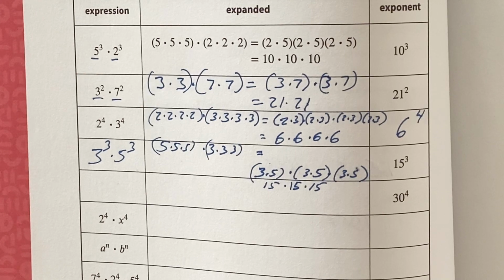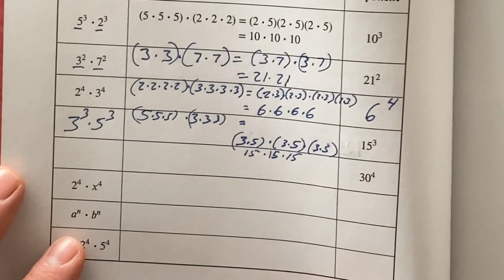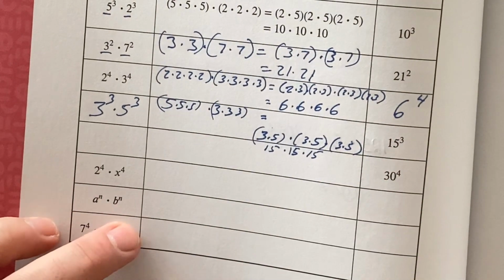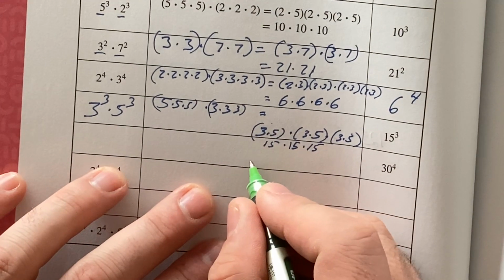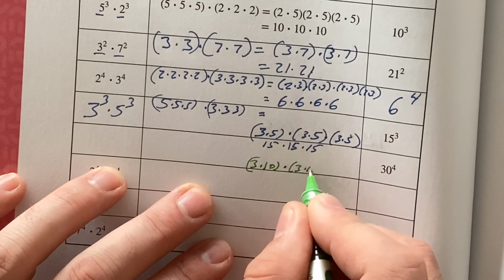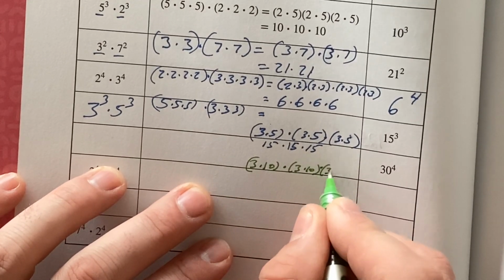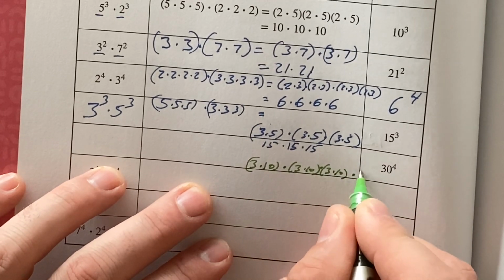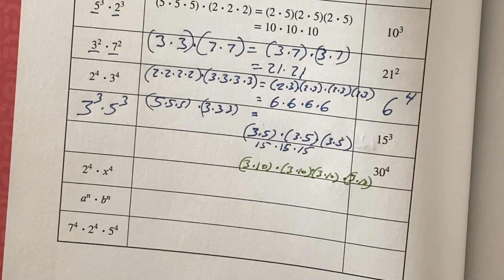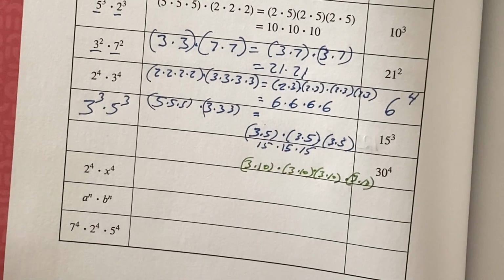All right, so what numbers did you use to get 30? 3 and 10? 5 and 6 would be fine as well. So 3 times 10? Sure. How many times do I gotta do it? 4, right? Exponent tells me I need to do it 4 times. 3 times 10, 3 times 10, 3 times 10, 3 times 10.